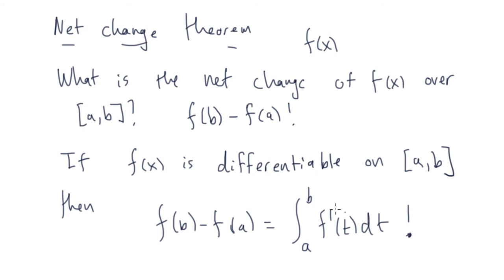So I know the derivative of a function, and I want to know the net change. Okay, so then it's pretty straightforward. All this is saying is that to find the net change, knowing a rate of change, knowing a derivative, I just integrate over the interval I want the net change on.